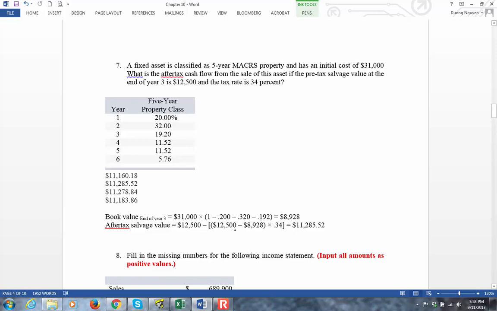The selling price, 12,500, minus 8,928, which is the book value at that time, gives you the profit from selling the assets, times 34%. That gives you how much taxes you have to pay. So the after-tax salvage value would be 12,500 minus the taxes, equal to 11,285.52.